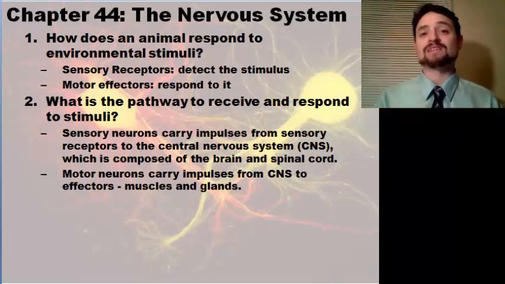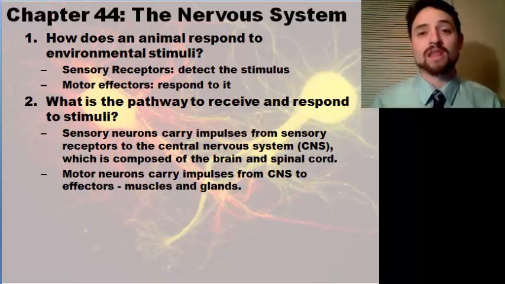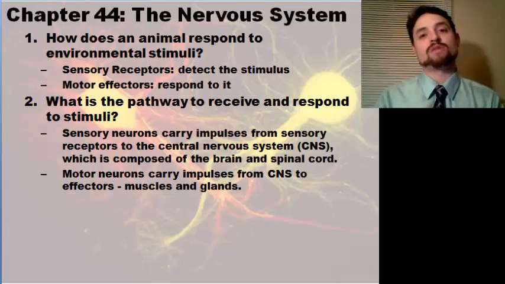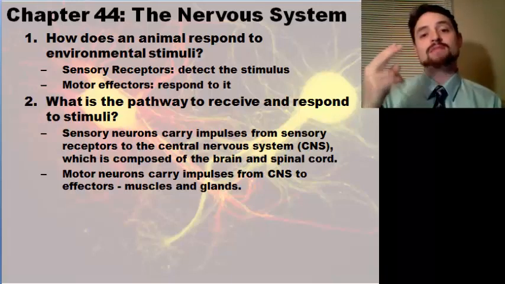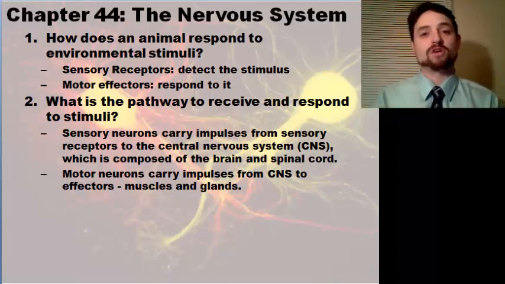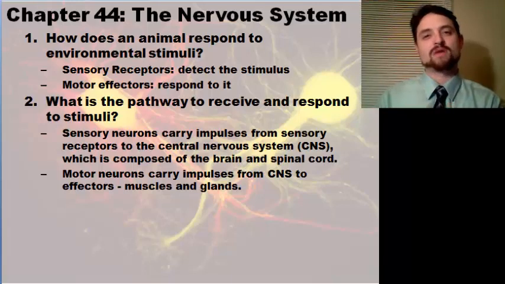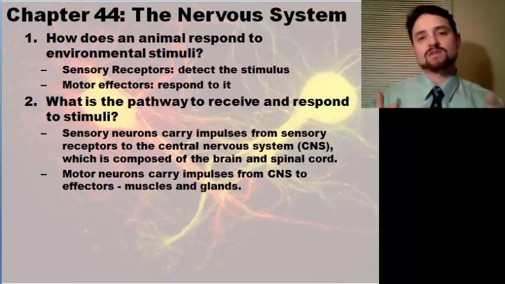Now, this process takes place very quickly. If you've ever stepped on a Lego, you know that. In fact, there's some research looking at whether that response actually makes it all the way to the brain before you've already had the motor effector that says, get your foot off of the Lego. That actually happens kind of in the spinal cord area, that sensory receptor gets there, and then the signal is sent to move your foot.